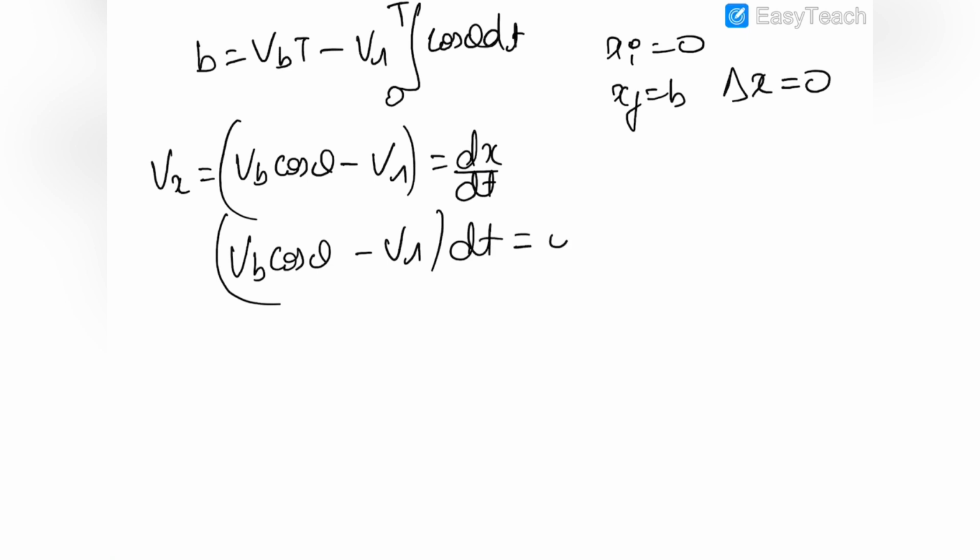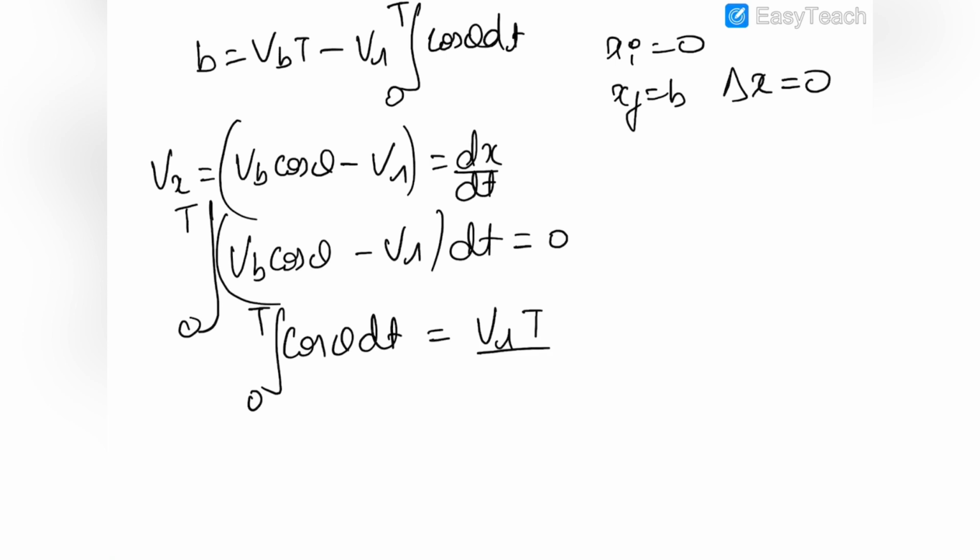Now integrating these functions, the integral of cos theta dt from 0 to t is equal to VR into t divided by VB. I have integrated this with time limit 0 to t and divided by VB, and this is the value which we need.